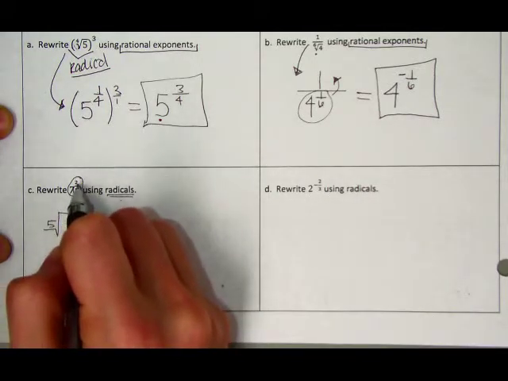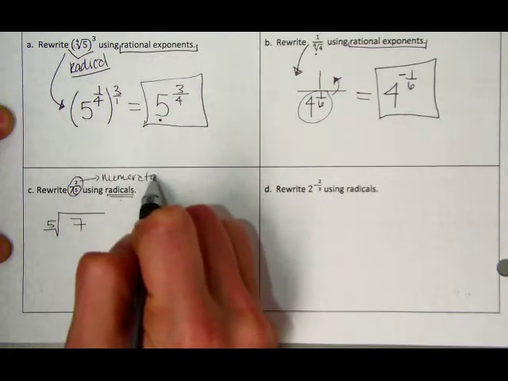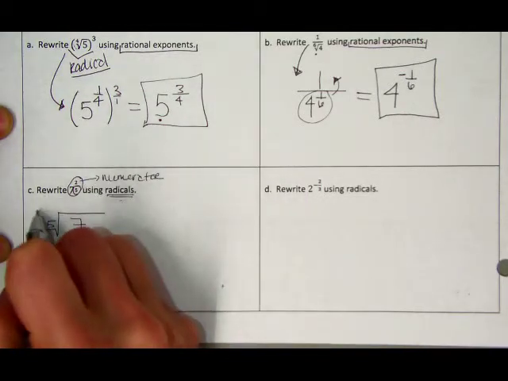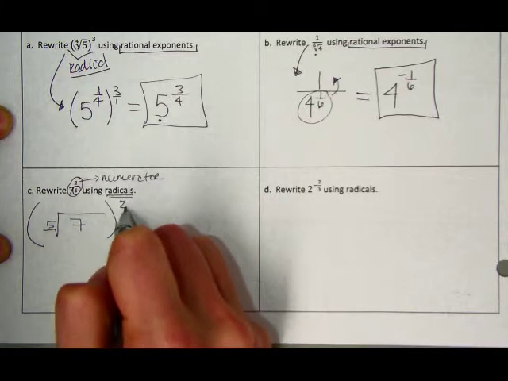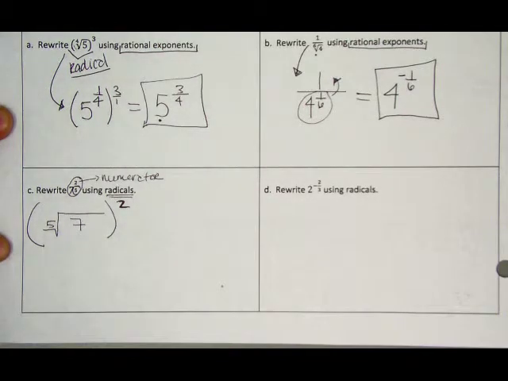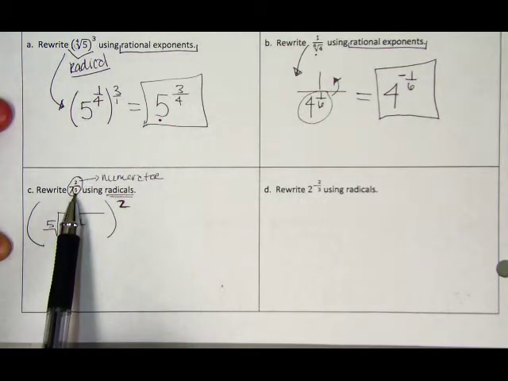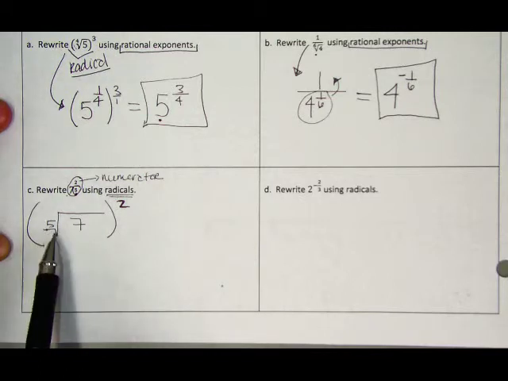And our numerator is 2. And our numerator, again, if you translate it, is the entire group raised to that power. So the whole group is getting raised to the 2nd power. So 7 to the 2/5 power is the same thing as the 5th root of 7, all raised to the 2nd power.